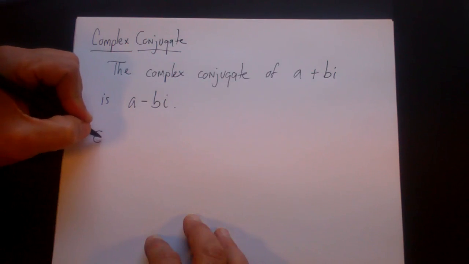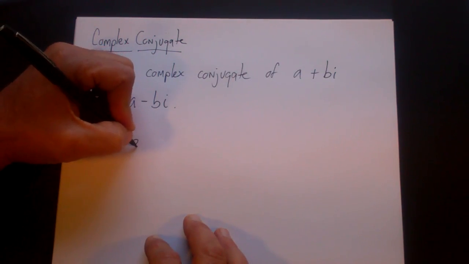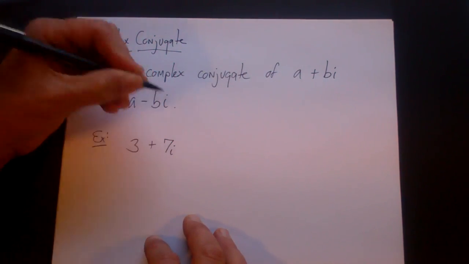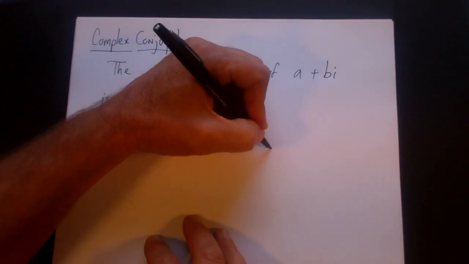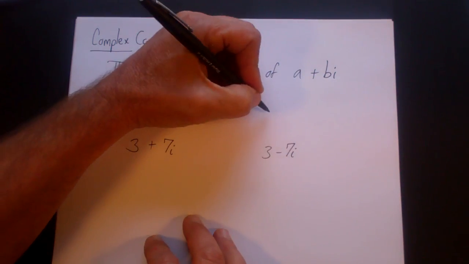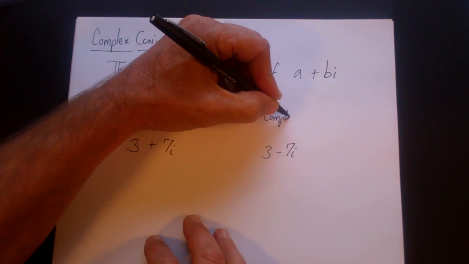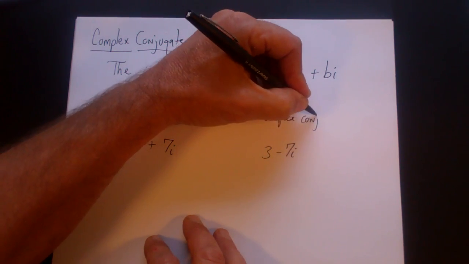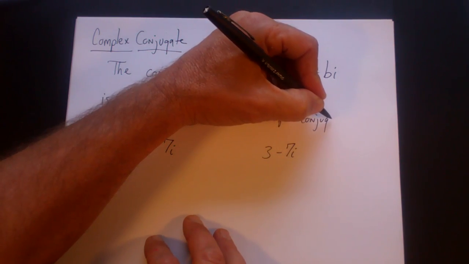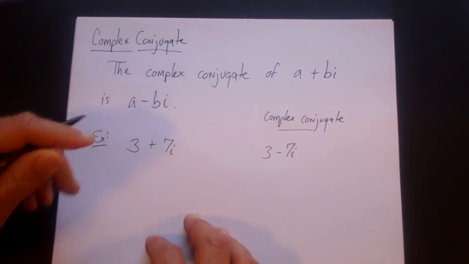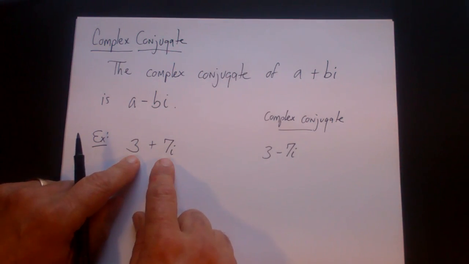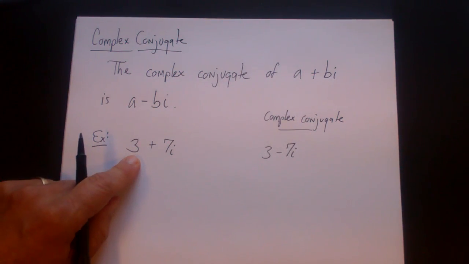So for an example, if we have 3 plus 7i, the complex conjugate will be 3 minus 7i. So what you do is you change the sign of the term with the imaginary number in it.